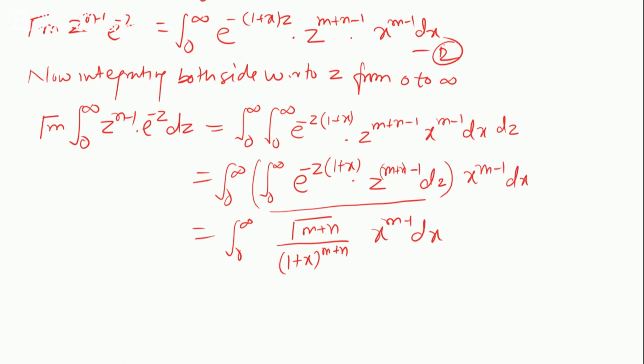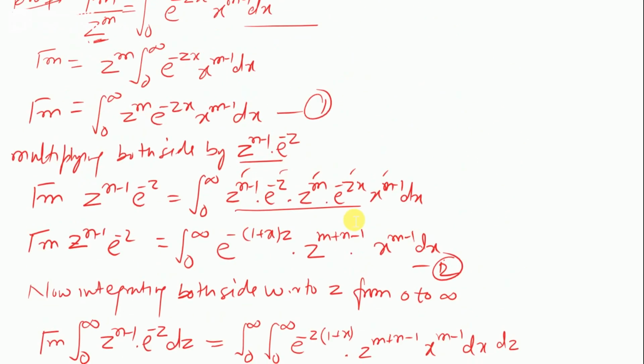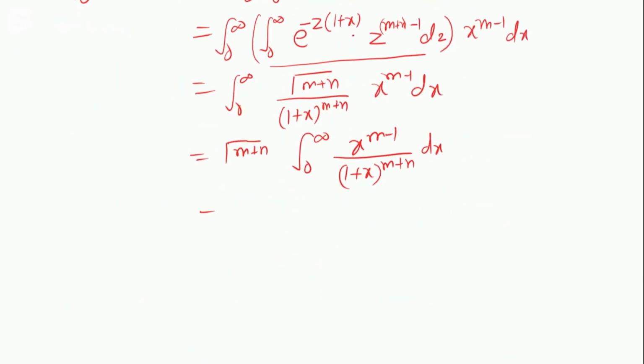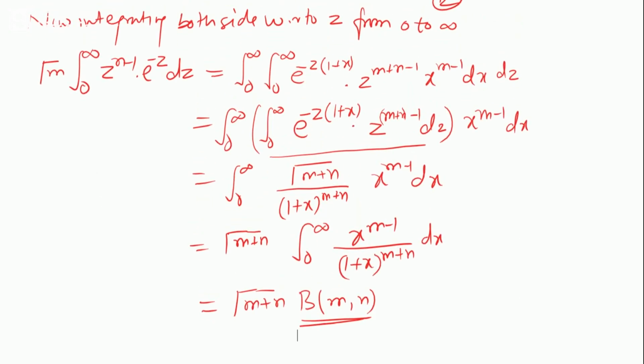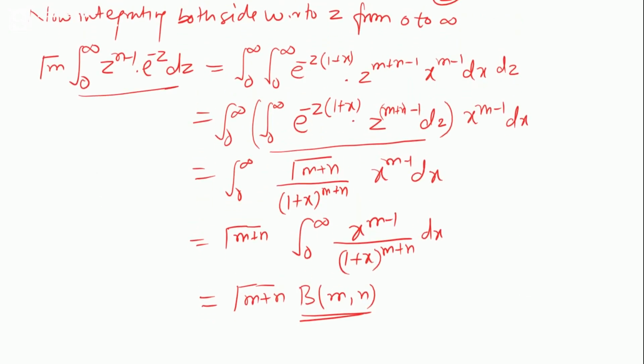Here that factor is common, so we take Γ(m+n) outside the integral, and the integral from 0 to infinity of x^(m-1) over (1+x)^(m+n) dx, by the property of the beta function, is β(m,n). And here, if you see, that is Γ(n).